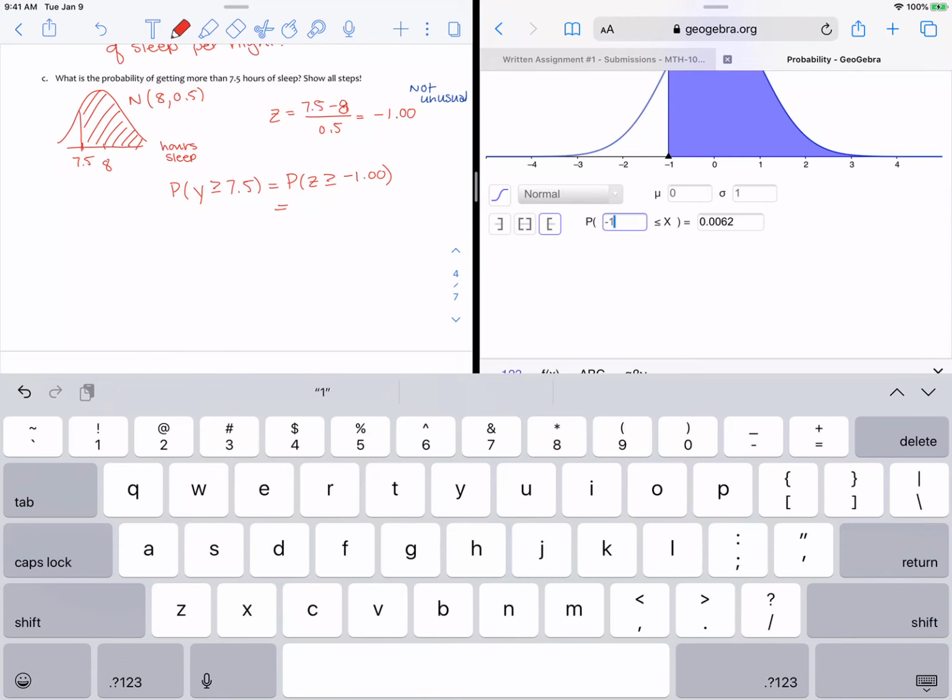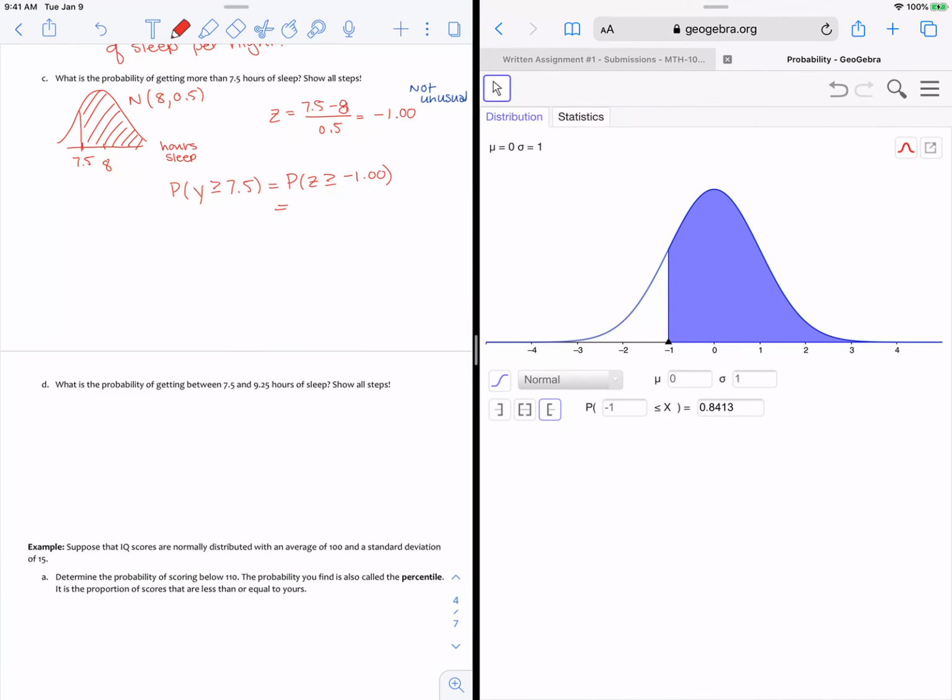Now, sometimes the negatives don't go in nicely, so do make sure you double check before you press enter that it's coming in properly. And lo and behold, yeah, it's pretty darn close to that 84% that we were anticipating just based off of the z-score and our 68, 95, 99.7 knowledge. All right, so this is going to be 0.8413.